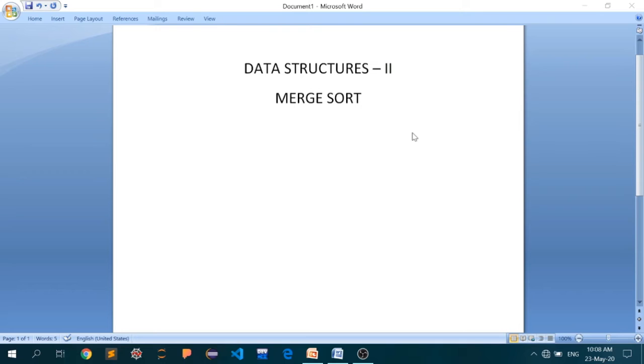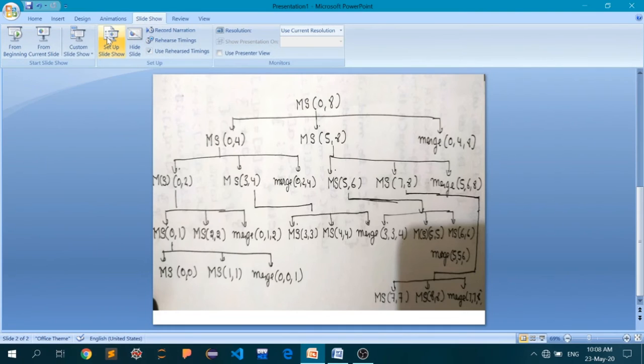So first divide it into equal halves, then sort the halves and then merge them. That is why the name merge sort. Let's head back to the slideshow and we'll see.